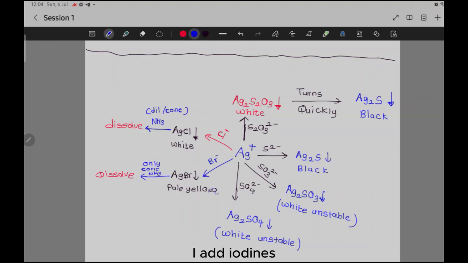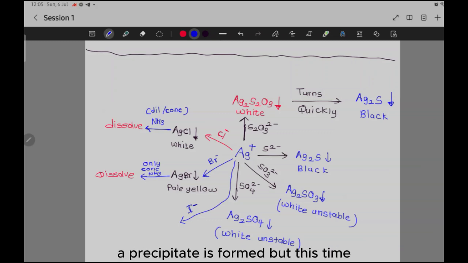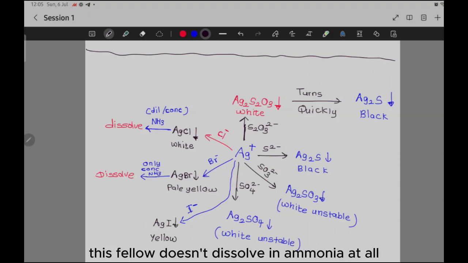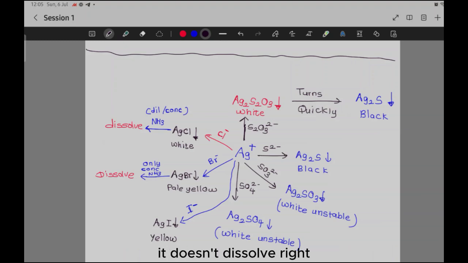Again a precipitate is formed, but this time the precipitate is AgI, silver iodide, which is a yellow precipitate. This fellow doesn't dissolve in ammonia at all. Even if it's dilute, even if it's strong, it doesn't dissolve.